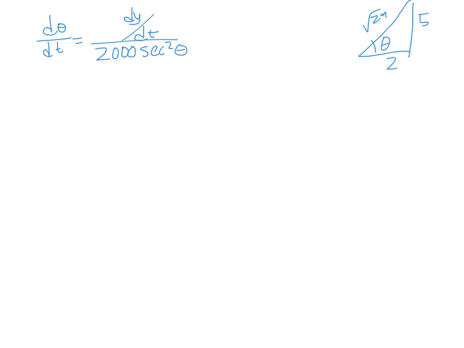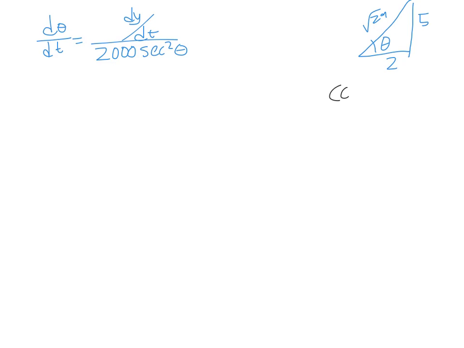Alright, I'm back. So there's my 2, 5, radical 29 right triangle. There's my related rates equation: dy/dt divided by 2,000 secant squared theta. If only I knew what secant squared theta was. Oh wait, I do know, because secant squared is just the reciprocal of cosine squared.